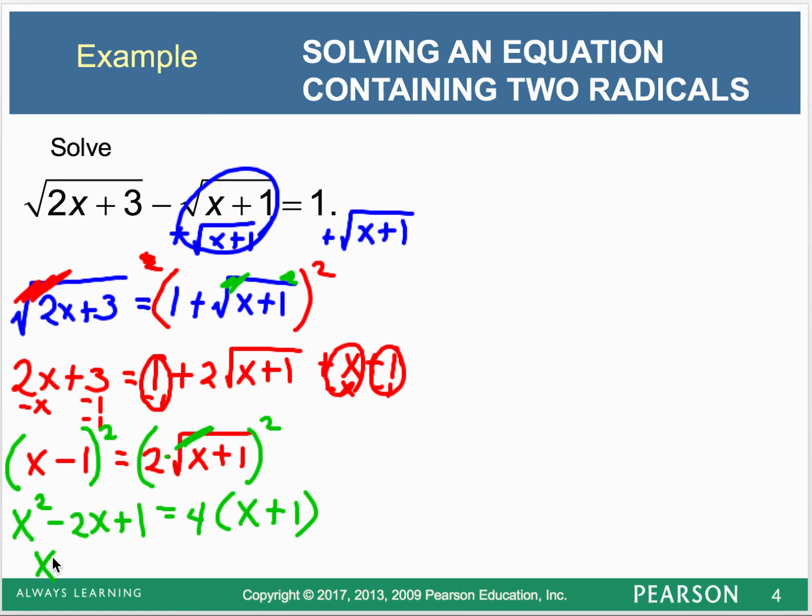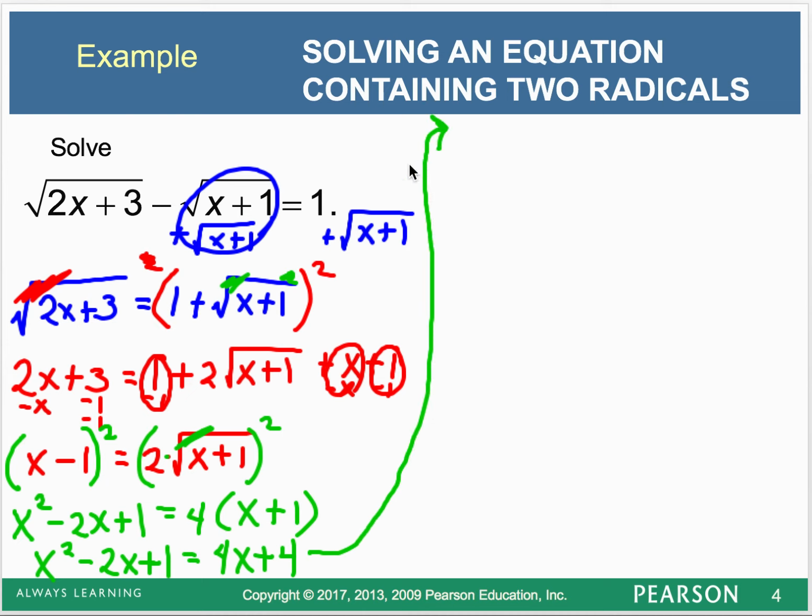Okay, so let's get rid of those parentheses. I have a quadratic equation, so I'm going to set it equal to 0 and try to factor it. So I have x squared. Subtract 4x from both sides will give minus 6x.